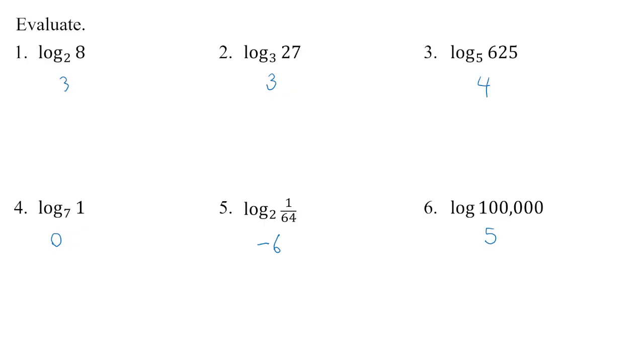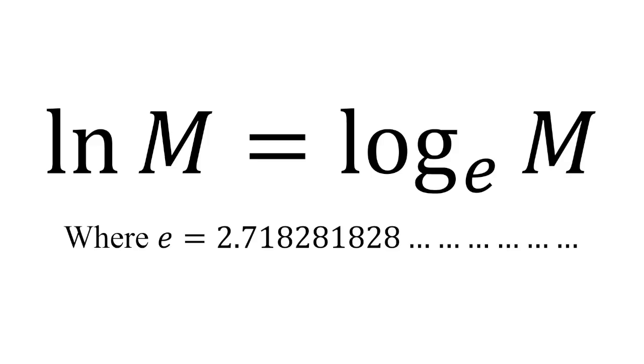But I want to introduce to you another special form of logarithm, called the natural log, which is abbreviated ln. The natural log of m means log base e of m, where e has a fixed value of 2.7182818, and so on. So if you see natural log of m, it means log base e of m.